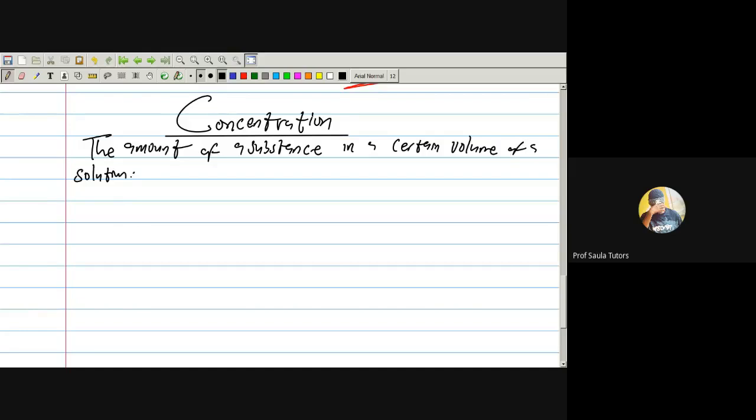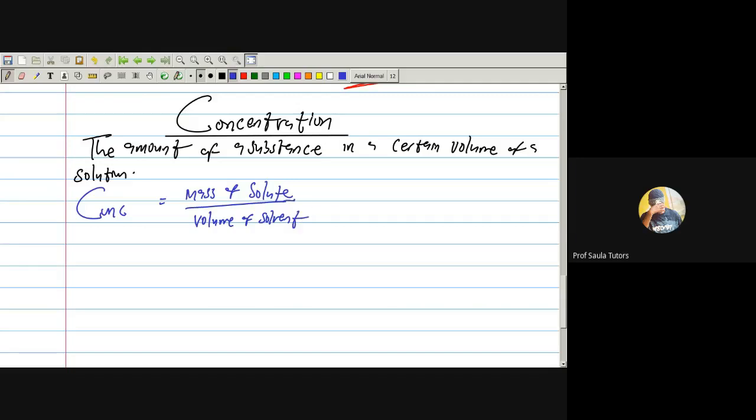Okay, so how do we now calculate concentration? You see, concentration can be calculated in two ways. Look at this first formula. Concentration equals mass of solute divided by volume of solvent.